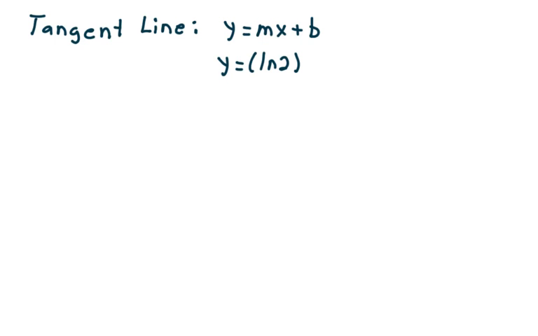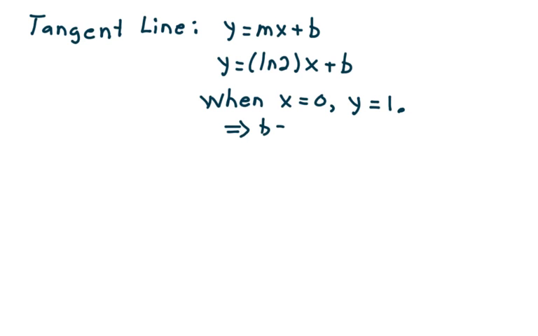So y equals natural log of 2x plus b. But this line has to pass through the point 0, 1. And what that means is when x equals 0, y has to be 1, right? And that implies b equals 1 immediately.